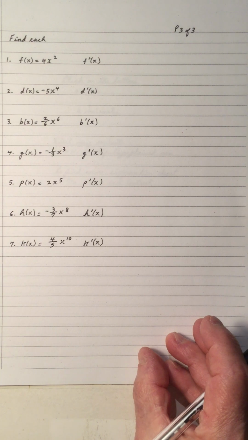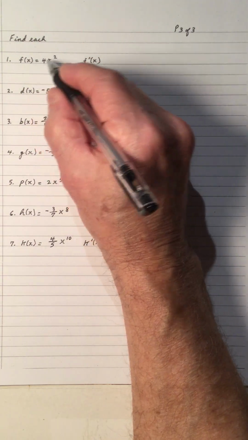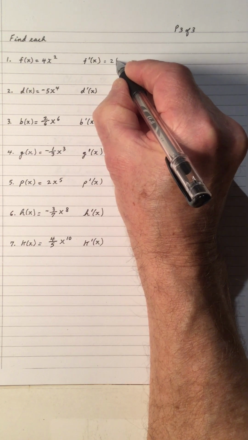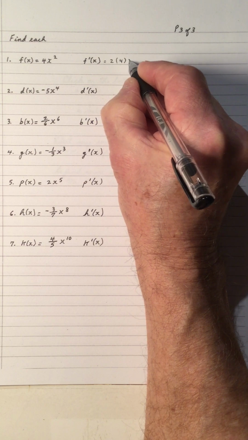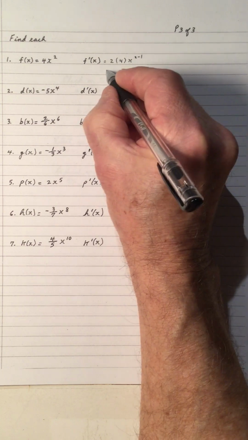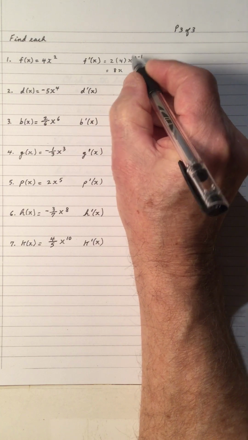Let's do some examples. So the derivative of f of x is 2 times 4x, so the 2 minus 1. So that's 8x to the 1, or just 8x.